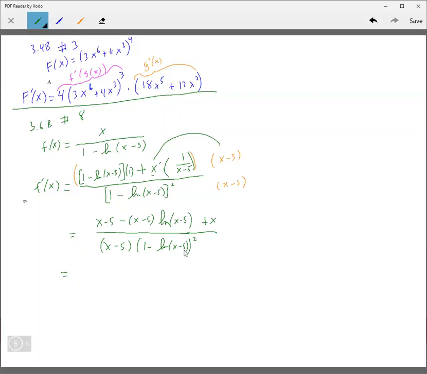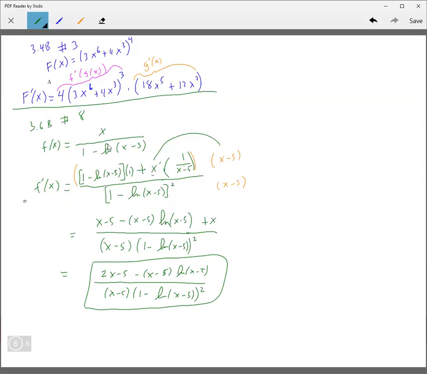So one little part of what I did became so confusing. Okay, so we have 2x minus 5 minus x minus 5 log of x minus 5 over x minus 5 times 1 minus the log of x minus 5 squared. Okay, so that's the answer to the first part.